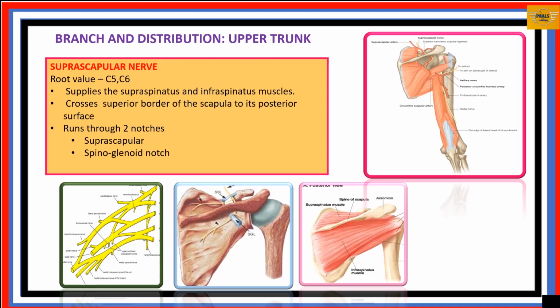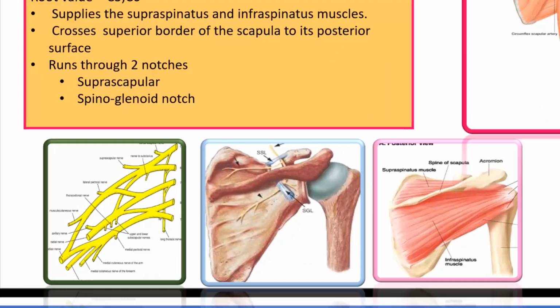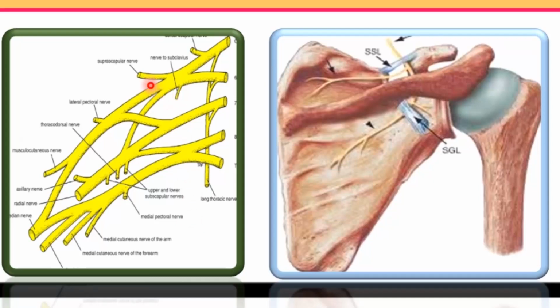The next nerve to consider is the suprascapular nerve. The suprascapular nerve, like the nerve to subclavius, also has root values C5, C6. Here is the suprascapular nerve. Now, this nerve will enter the superior border of the scapula, as you can see in this illustration.